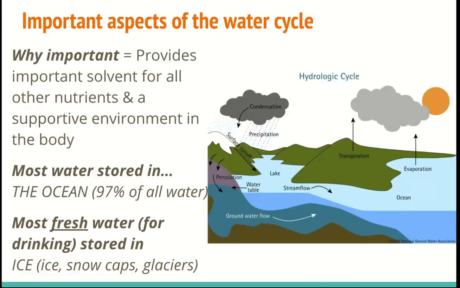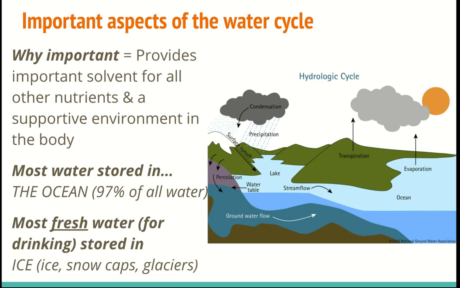Okay, so some important aspects of the water cycle that I want to highlight. The reason why the water cycle is so critical, and why we talk about water quite a bit, is because water basically provides the way we dissolve and access nutrients. A lot of nutrients have to be dissolved into water for them to be taken into the cells of our bodies.